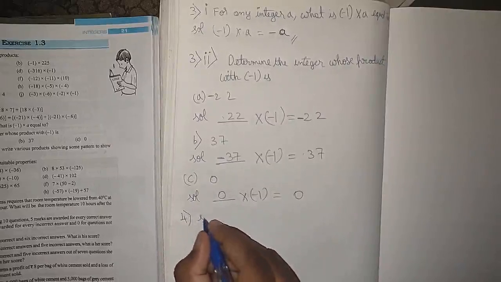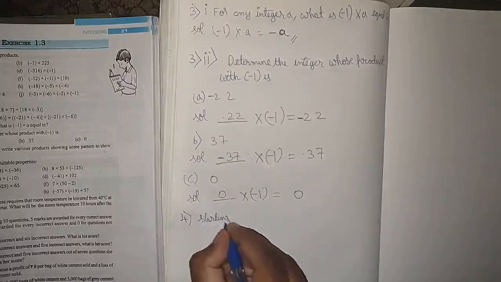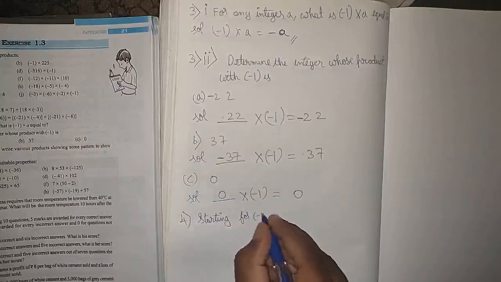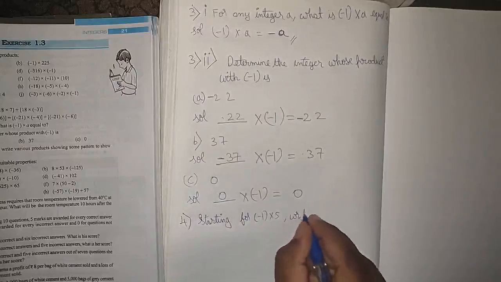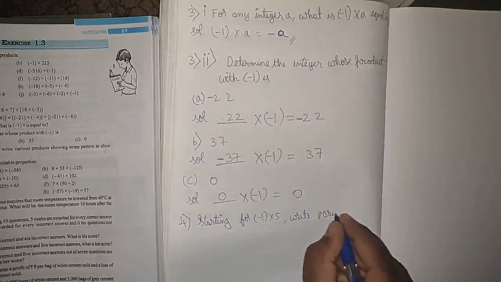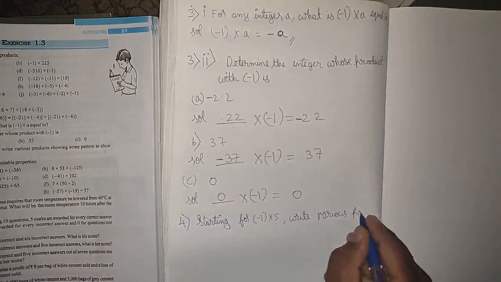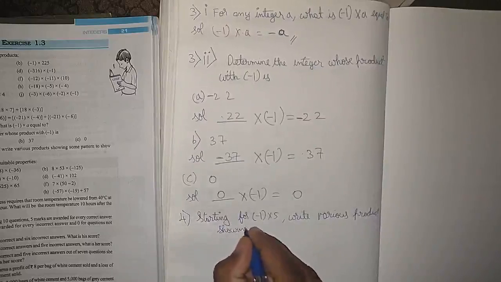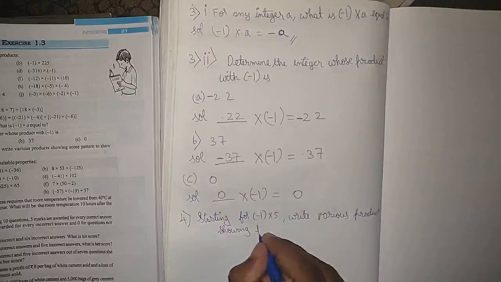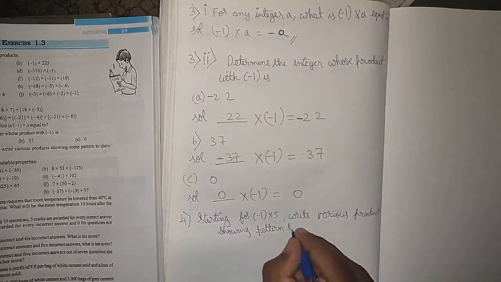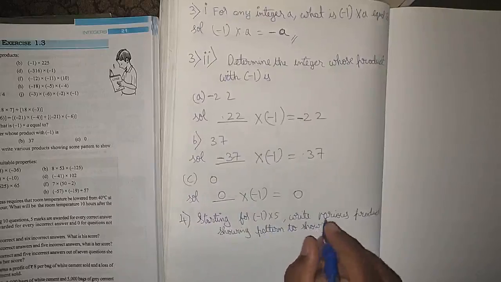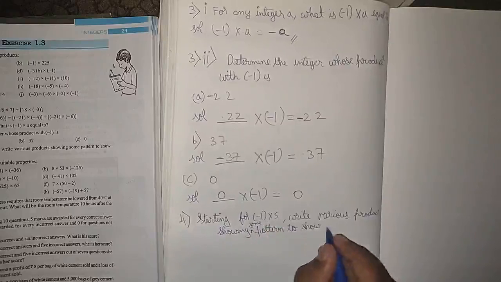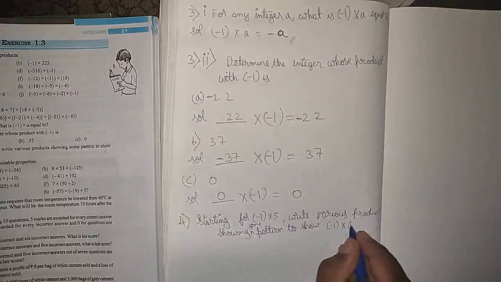Write down the question. Starting from minus 1 into 5, write various products showing some pattern to show minus 1 into minus 1 equals to 1.